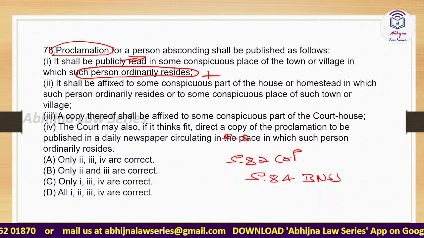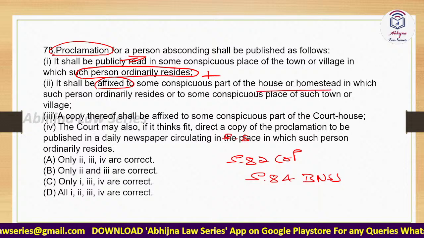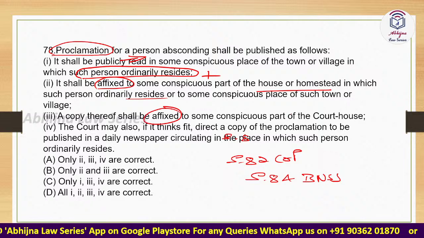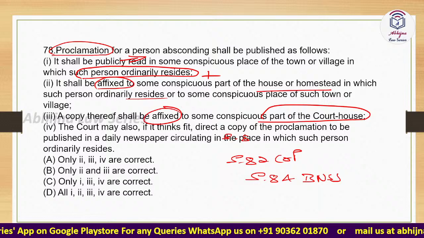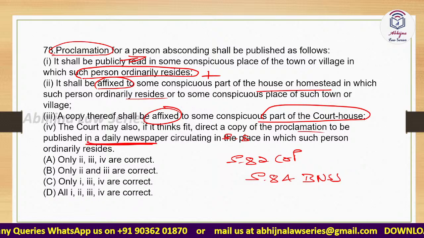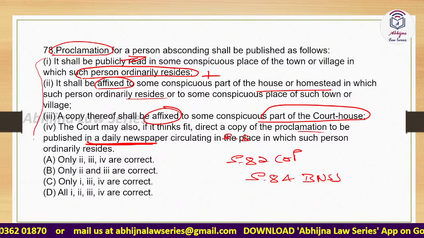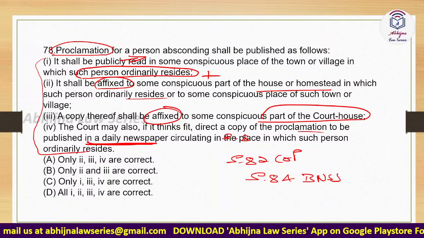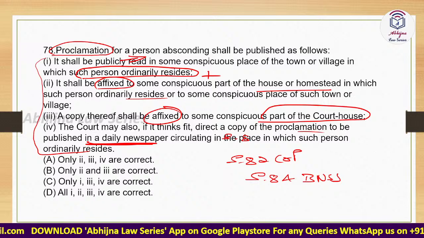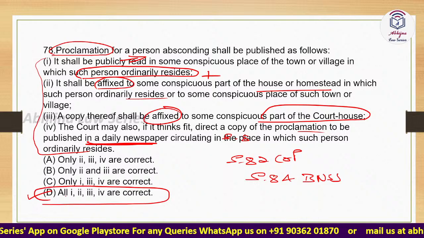It has to be pasted or affixed in that house where he had lastly resided, and it has to be pasted in the courthouse, on the notice board of the court, and it has to be published in a daily circulating newspaper. So all these 4 conditions have to be met when a person is absconding, so that he gets sufficient notice that some proclamation has been issued against him, right? So D, all 1, 2, 3, 4 are correct. D is the answer.